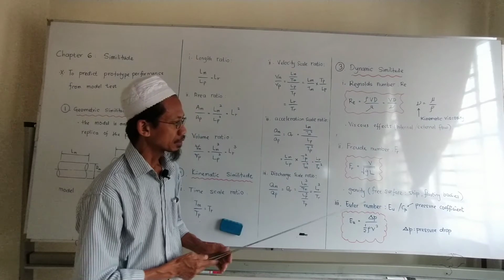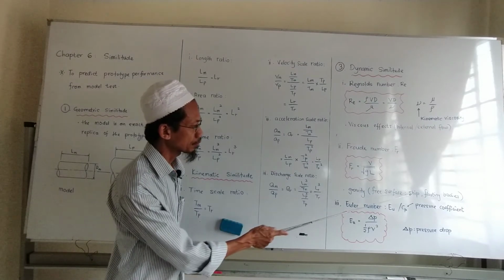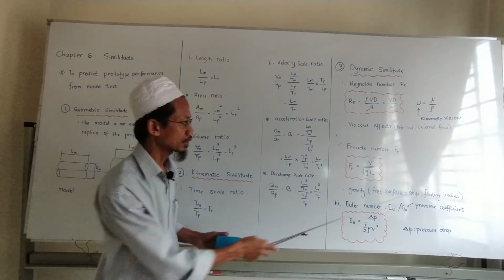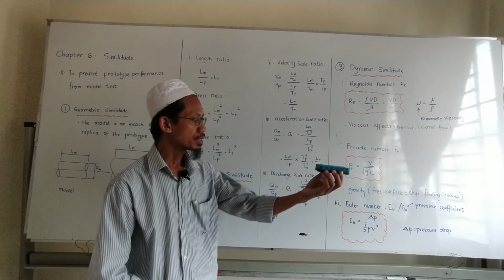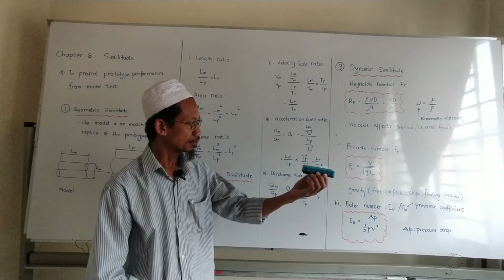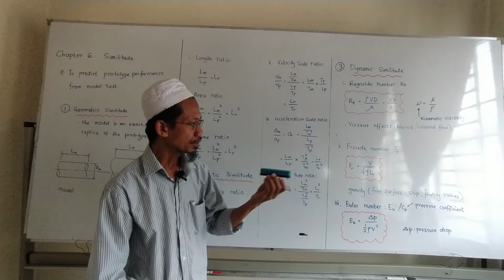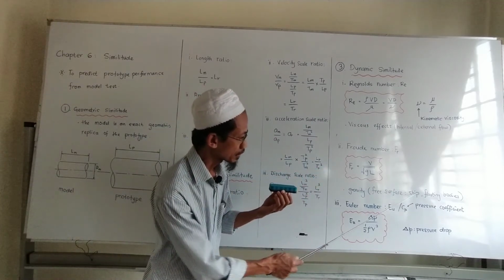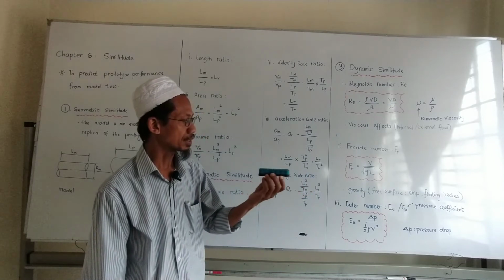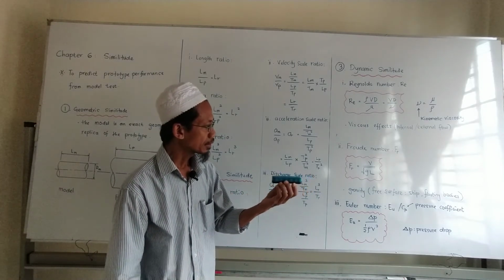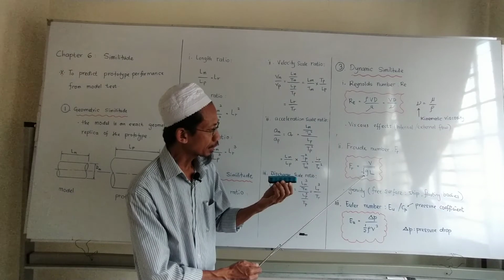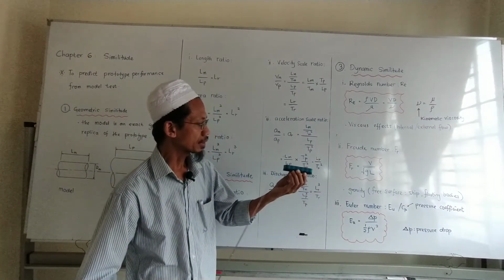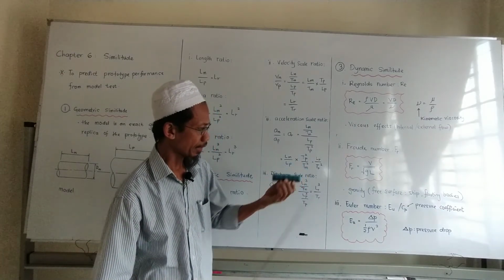V here is the velocity of the ship moving in the water, for example, and g is 9.81. L is the characteristic length.